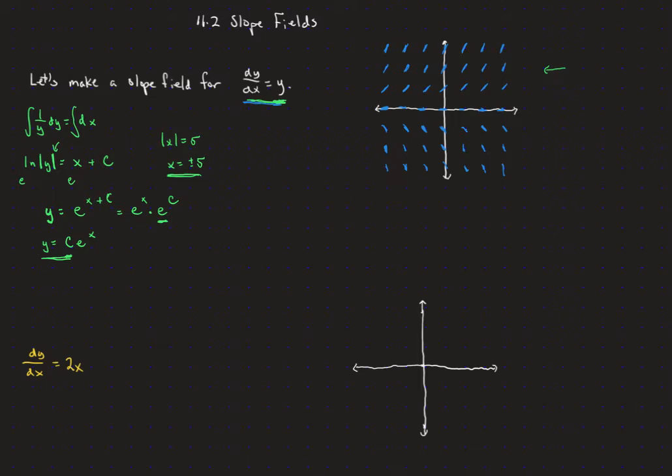Now, what we see here is our general solution. It's an exponential growth function. Now, I'm going to do a couple different initial conditions. So suppose our initial condition was 0, 1.